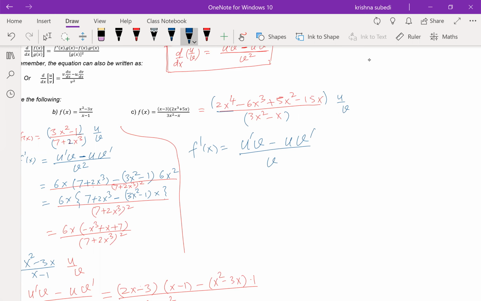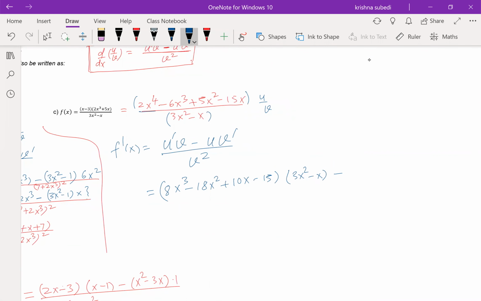So now the formula is this. u prime, so you will get 8x to the power 3 minus 18x squared plus 10x minus 15, and copy v, which is 3x squared minus x, minus u. Your u is 2x to the power 4 minus 6x cubed plus 5x squared minus 15x.